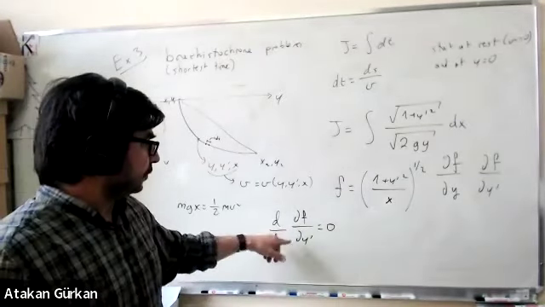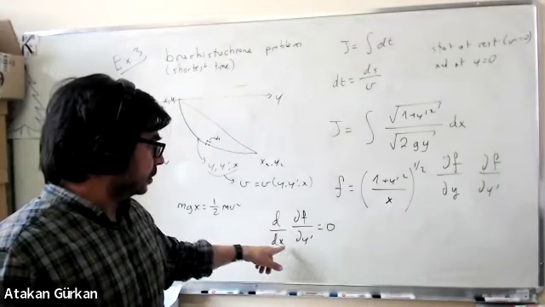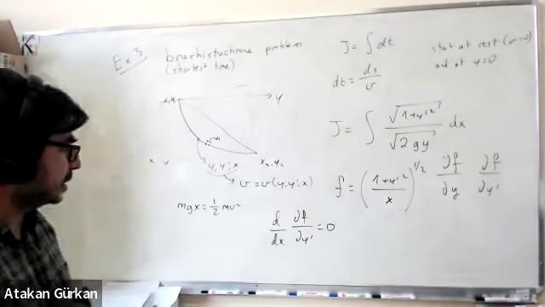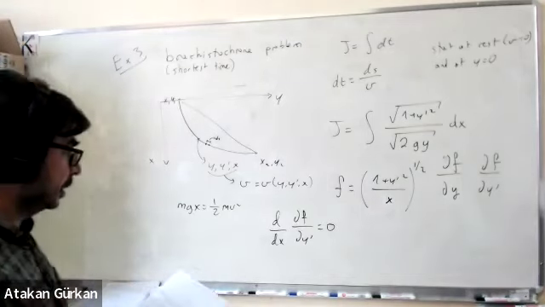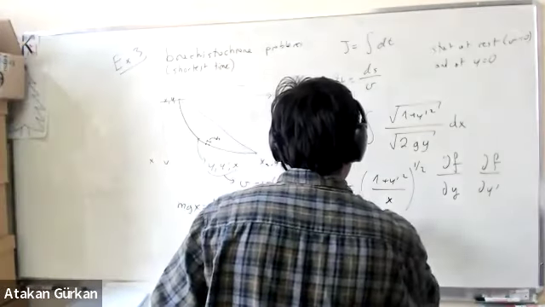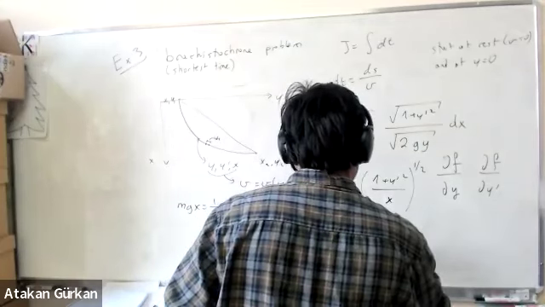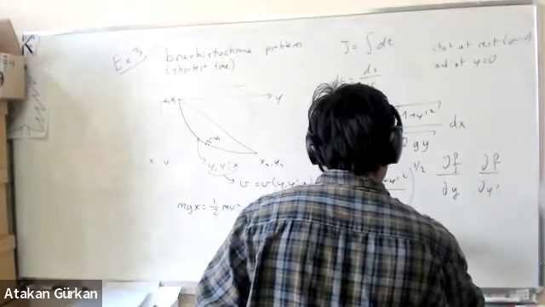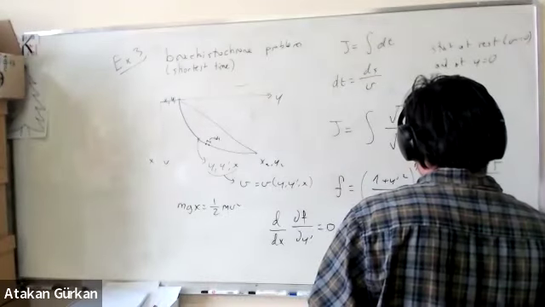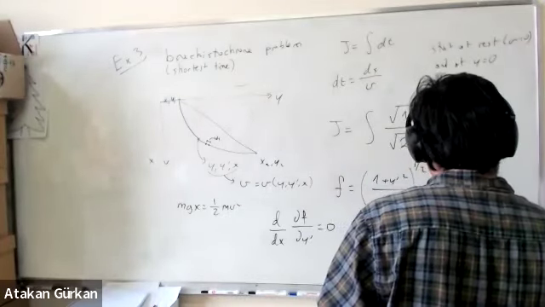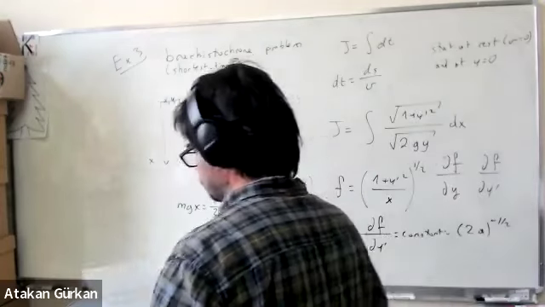So again, if this is 0, this means this is constant, and yeah, let's just copy it from here. And if that constant is conveniently called 2a, to minus a half, so 1 over the square root of 2a.